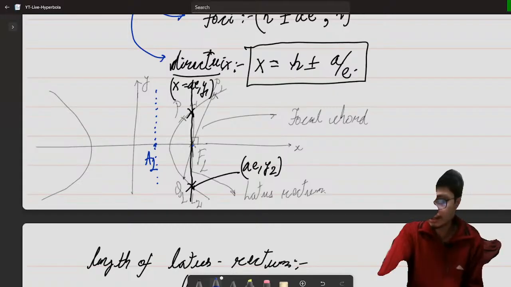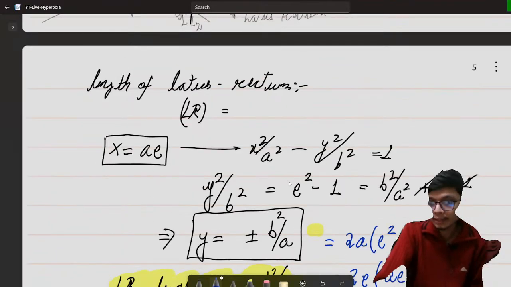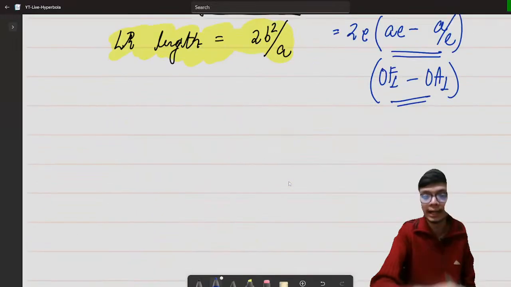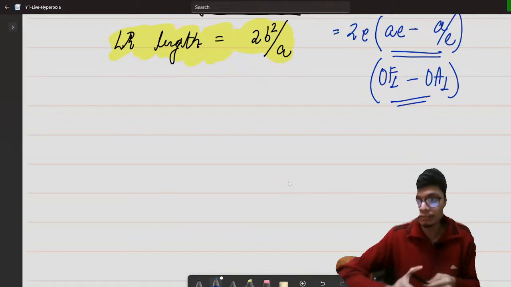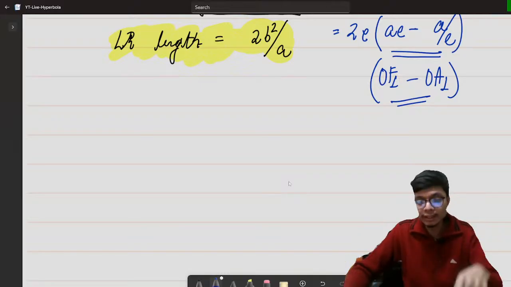So all the things are more or less similar, but in respect to the ellipse, what we have seen is that either the x-axis was a major axis or the y-axis was a major axis, right? However, in the case of a hyperbola, my transverse axis can become the conjugate axis and vice versa.